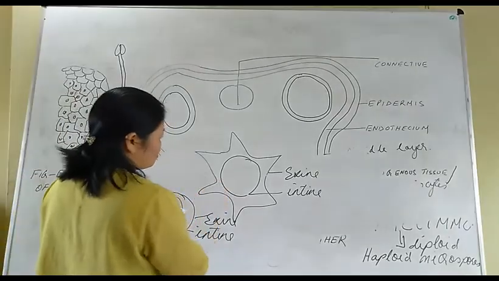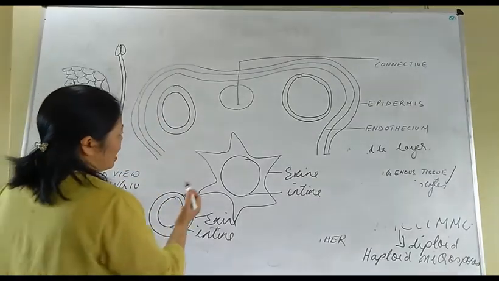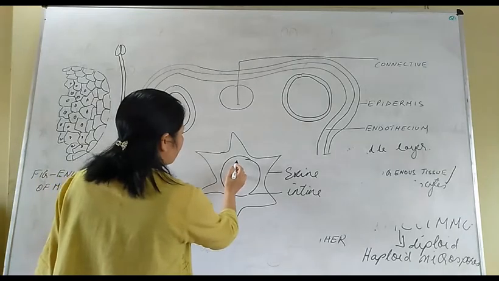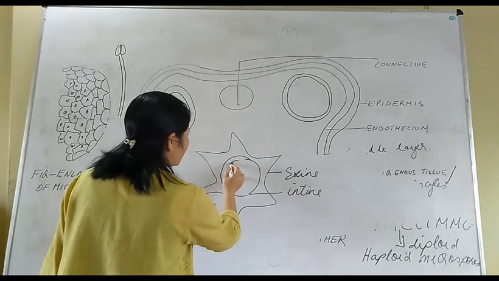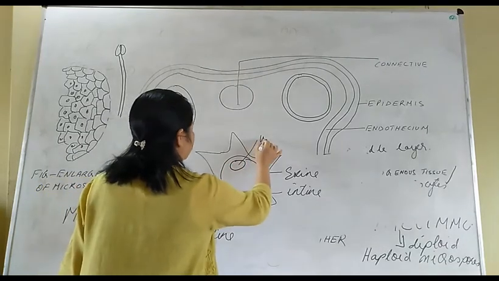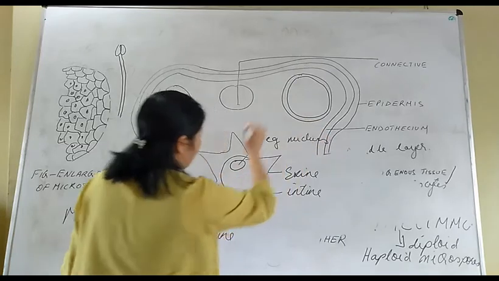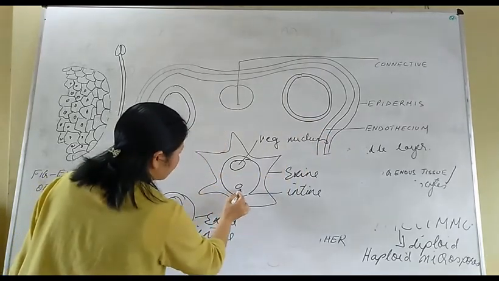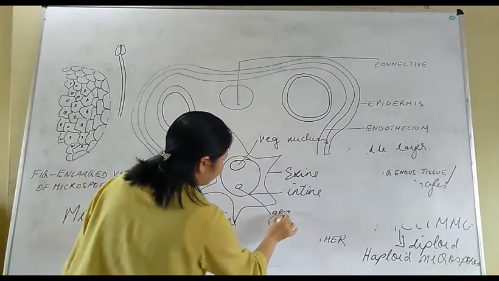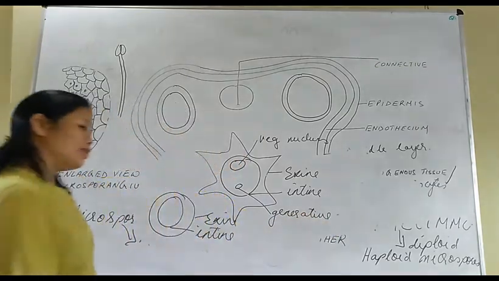The nucleus undergoes division and gives rise to two nuclei. The larger one is called the vegetative nucleus, and the smaller one is called the generative nucleus. Again I repeat, you need to know this.